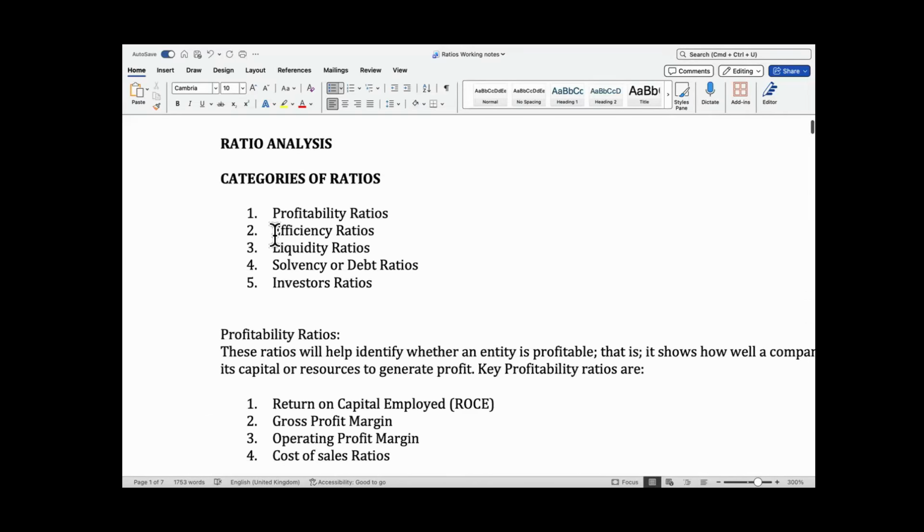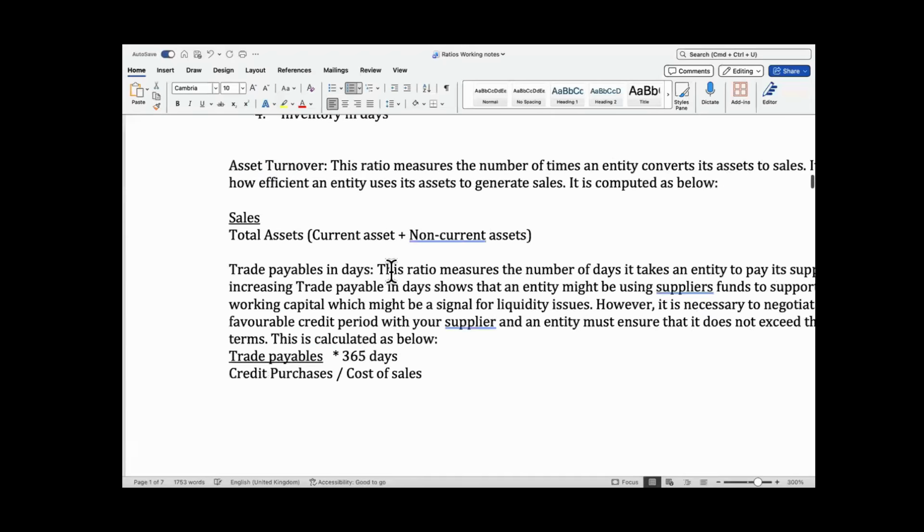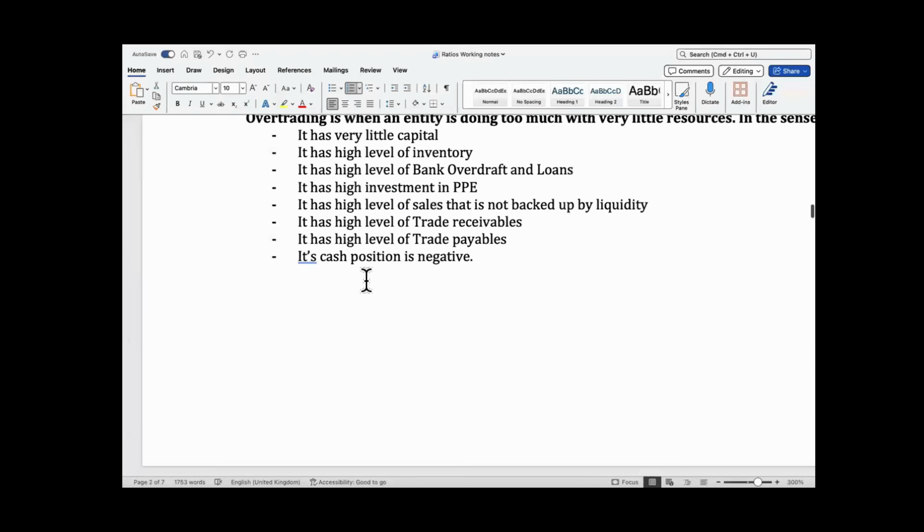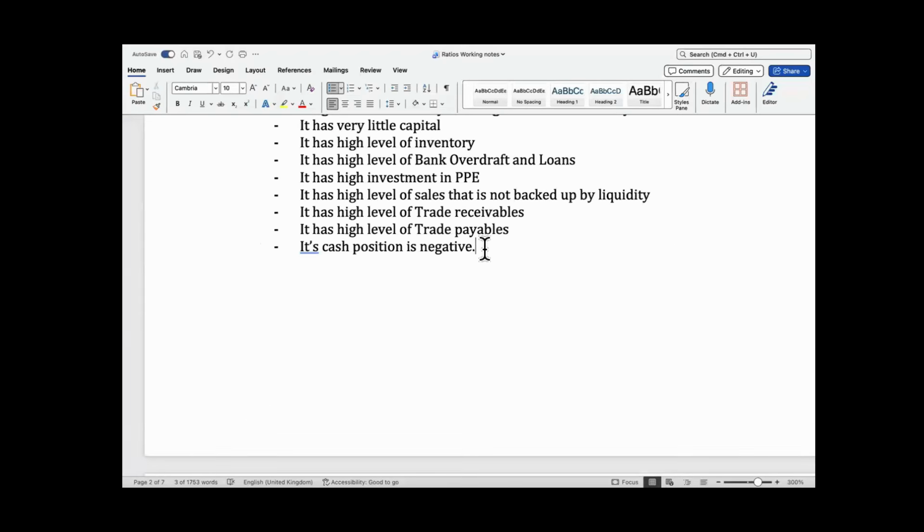The next ratio is liquidity ratios. Now, the key ratios here, of course, liquidity is, are you liquid? Do you have money to settle your liabilities?